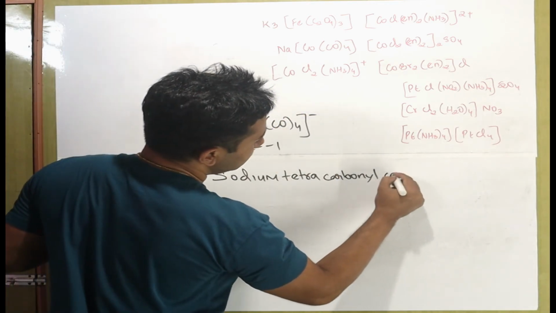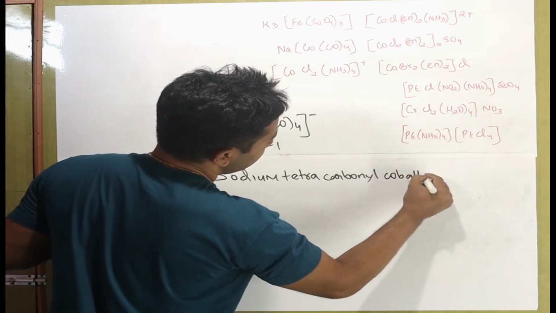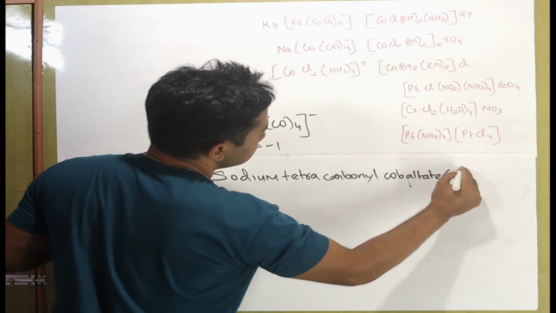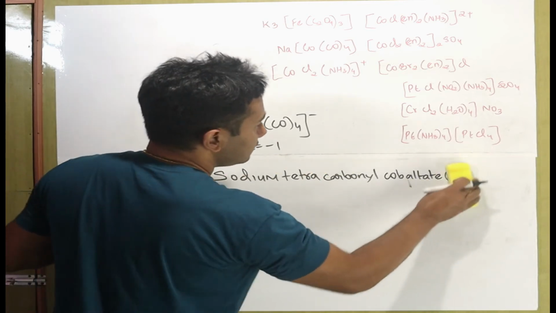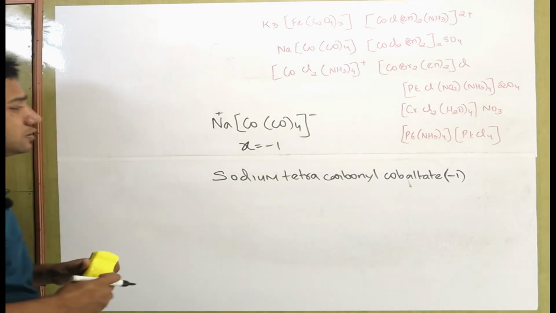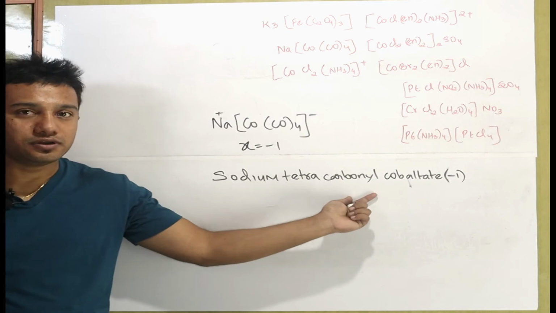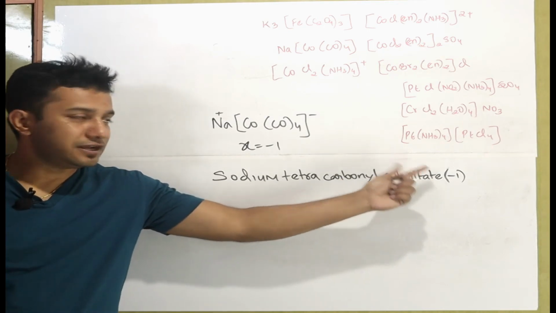Cobalt will change to cobaltate, cobaltate 0. Oh, sorry, cobaltate minus 1. So the name of this coordination compound will be sodium tetracarbonyl cobaltate minus 1.